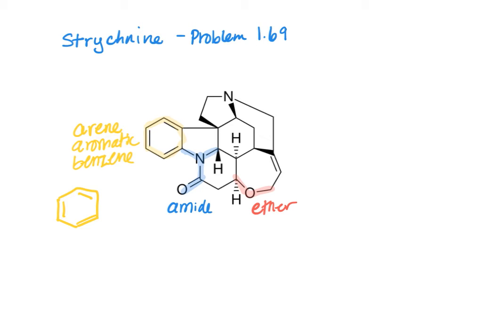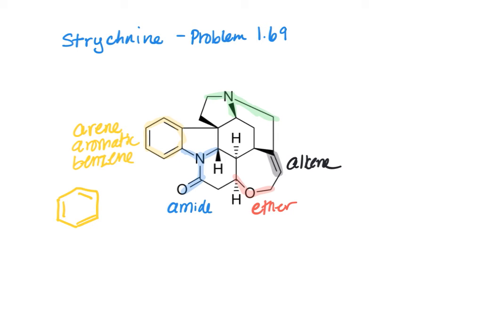Then here, I have a double bond. That is going to be considered an alkene. And finally, if we come up top, I have a nitrogen that's bonded to 3 carbons. This would be considered an amine. So this is how you would identify the functional groups.